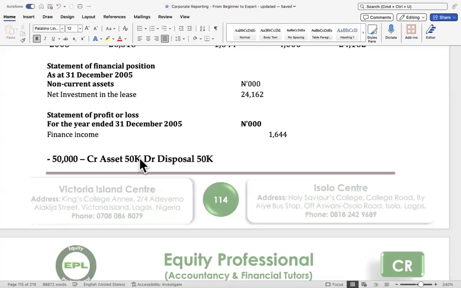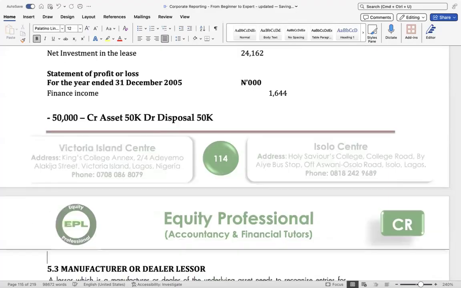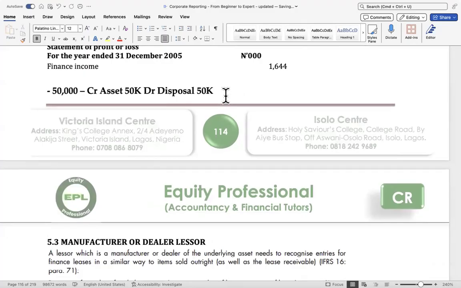It's definitely going to go off our books because that means that's been derecognized. So there's a disposal account now with 50,000 on debit. Now, when you introduce that net investment in the lease, what you are doing is debiting that net investment in the lease because it becomes an asset.